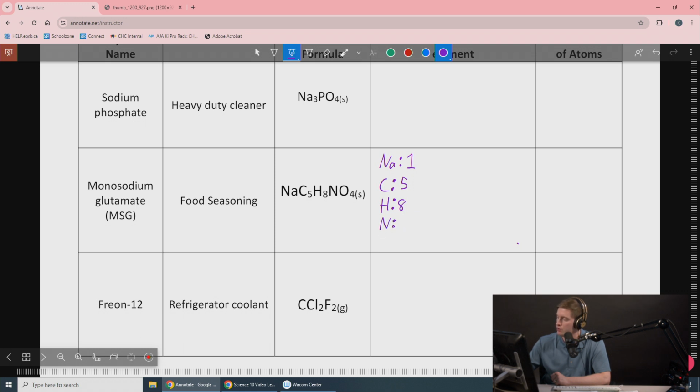Nitrogen has no number, which means it has 1. And oxygen has a 4. So if we're adding up the total number of atoms, 1 plus 5 is 6. 6 plus 8 is 14. 14 plus 1 is 15. 15 plus 4 is 19. 19 atoms total.